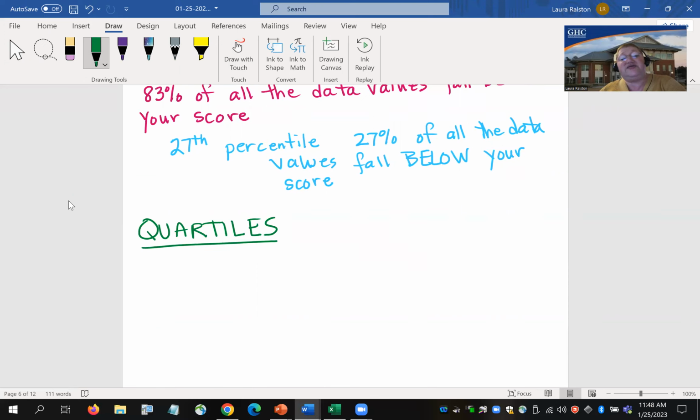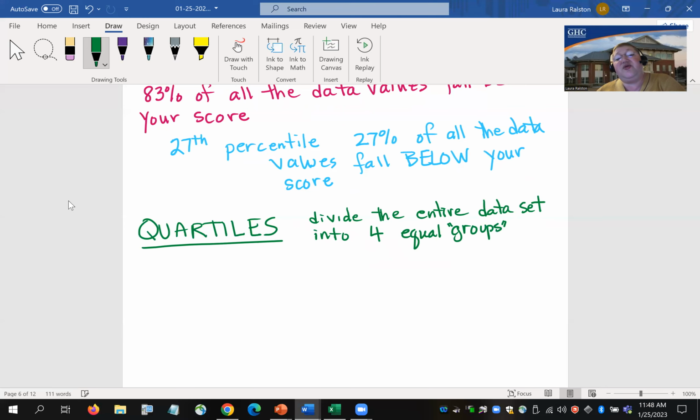Quartiles divide the entire data set into 4 equal groups. And each group contains 25%.